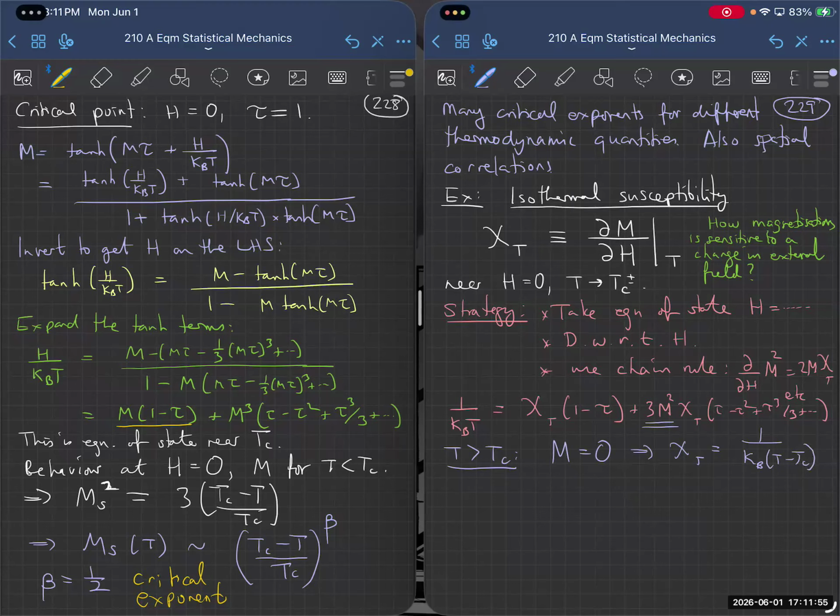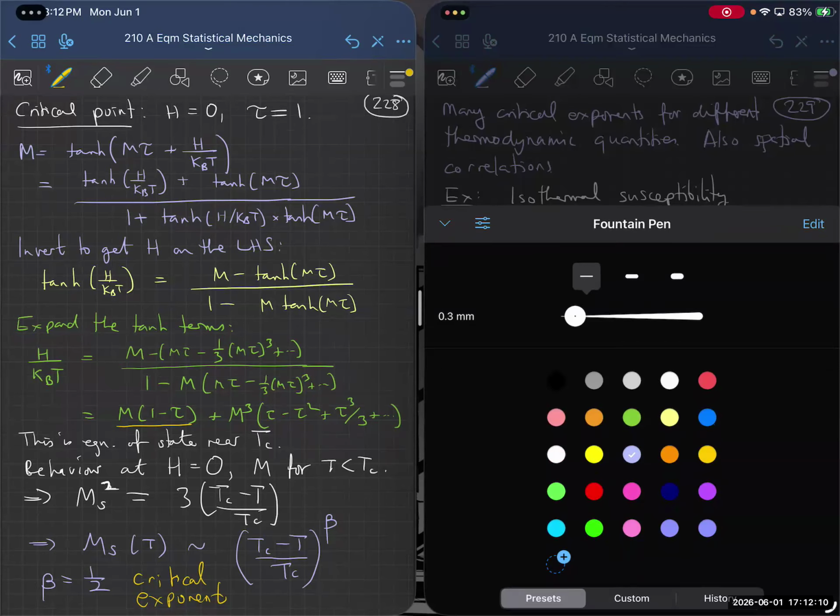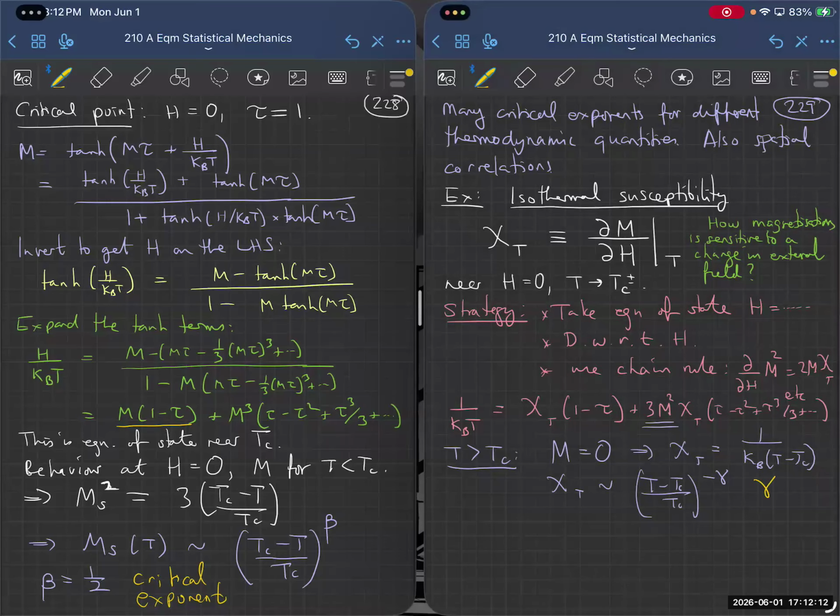In terms of the critical exponent, we generally say chi T goes like T minus Tc over Tc to the minus gamma. And what we've just calculated is that gamma is equal to 1. That's gamma for temperatures greater than Tc, so I'll put a little plus on it.